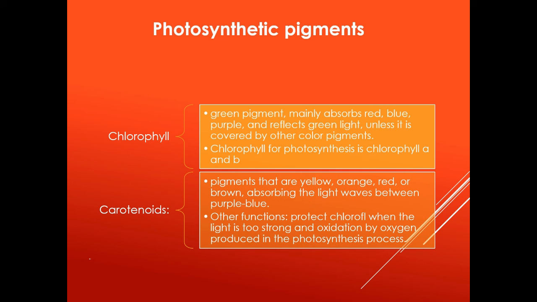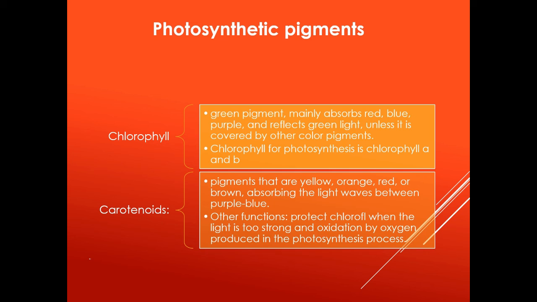For photosynthetic pigments, the first one is chlorophyll. Maybe you are familiar with this one. It is a green pigment that mainly absorbs blue, red, and purple light and reflects green light, unless it is covered by other color pigments.